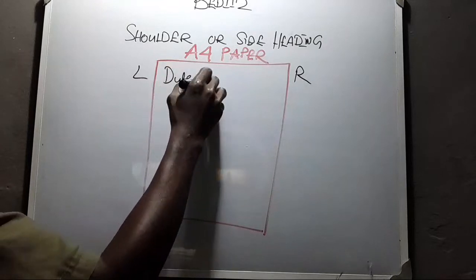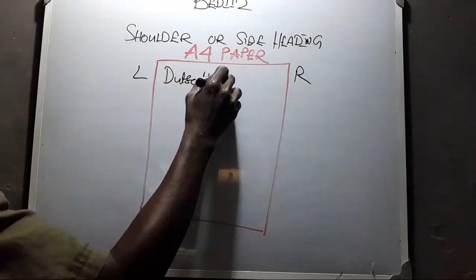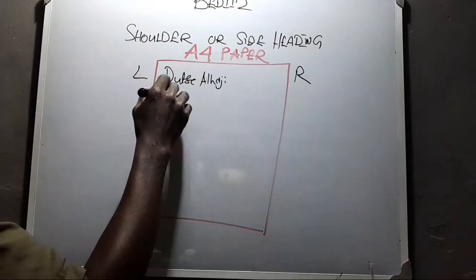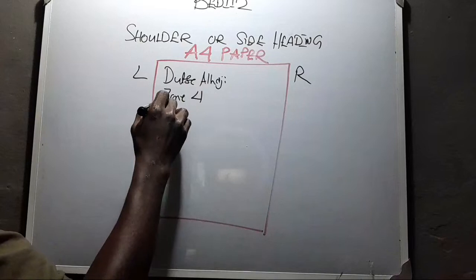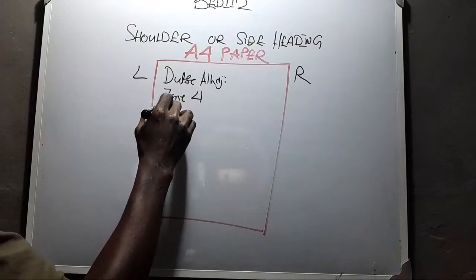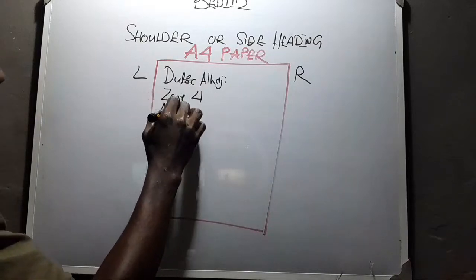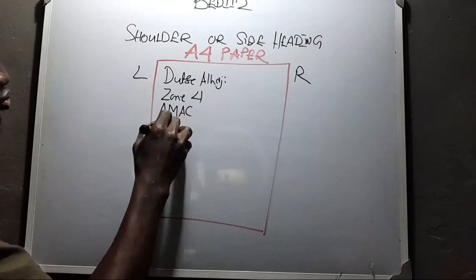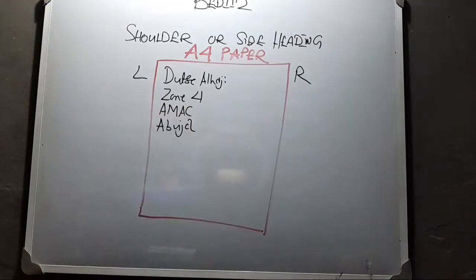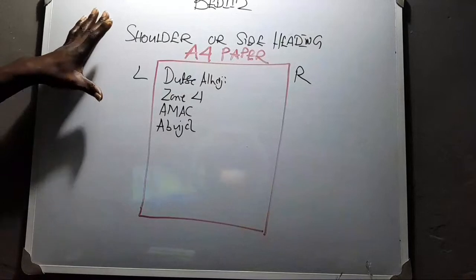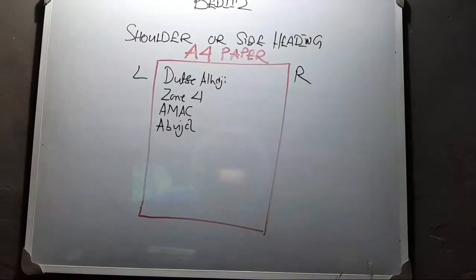Dutse Alhaji, Zone 4, Abuja. Now, this is a typical example of shoulder or side heading. It's a special type of heading that is used at the left hand side.